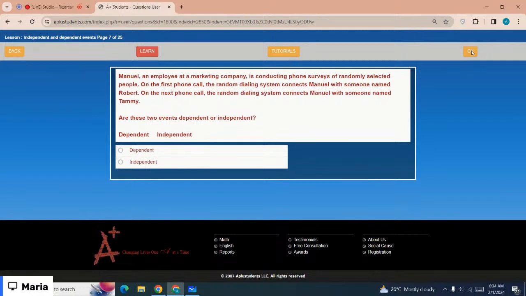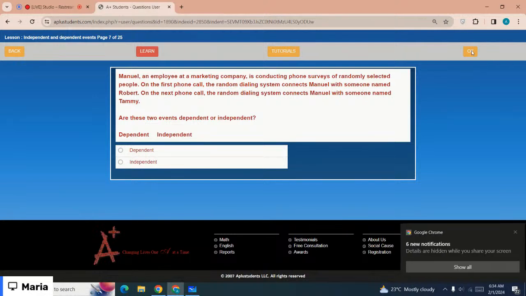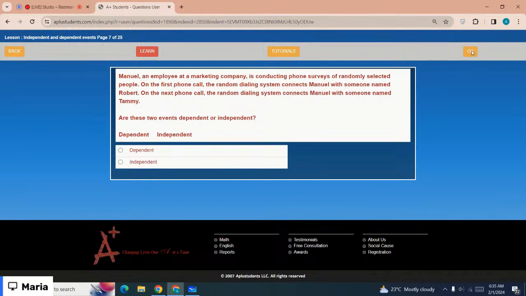Manuel, an employee at a marketing company, is conducting phone surveys of randomly selected people. On the first phone call, the random dialing system connects Manuel with someone named Robert. On the next phone call, it connects Manuel with someone named Tammy.